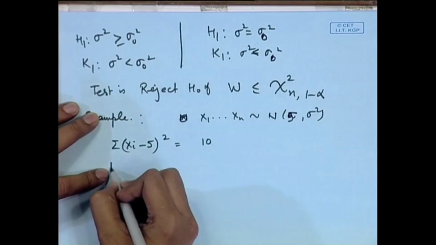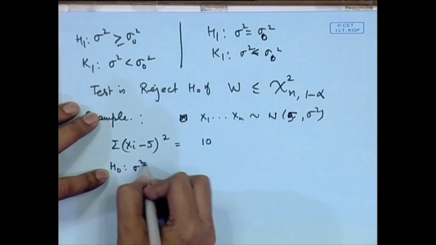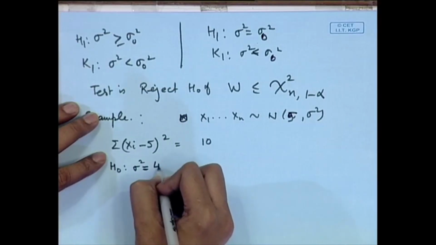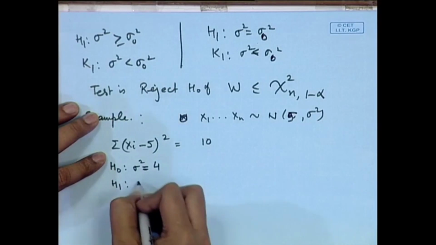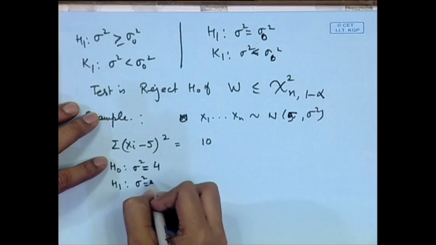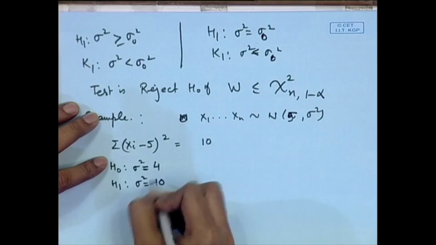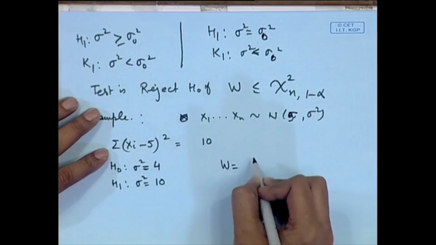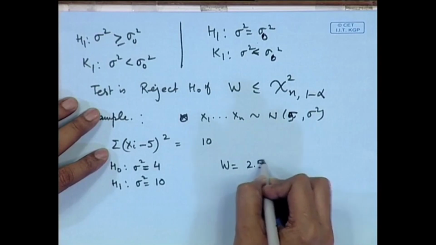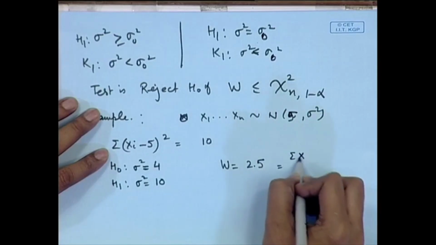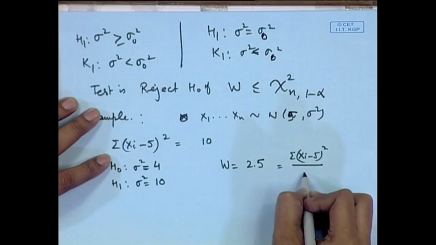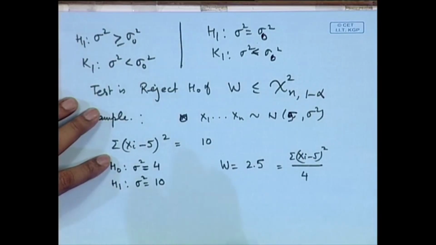We are testing the hypothesis, say H naught: sigma square is equal to say 4 against H 1: say sigma square is equal to maybe 10. So, if we look at the value here W, that value will become equal to 2.5, that is sigma of x I minus 5 square by sigma naught square, that is 4, that is equal to 2.5.